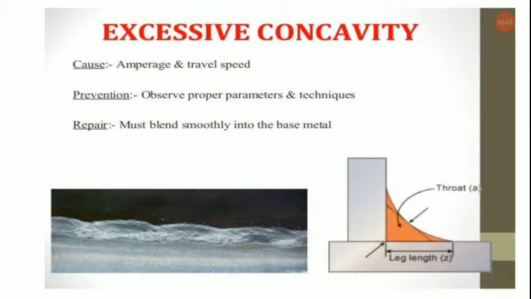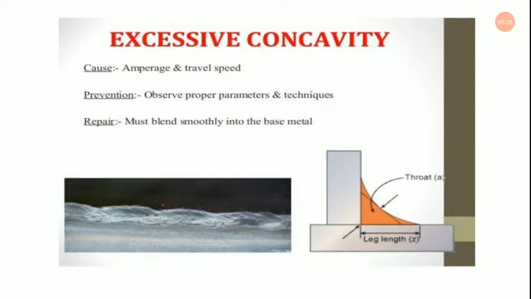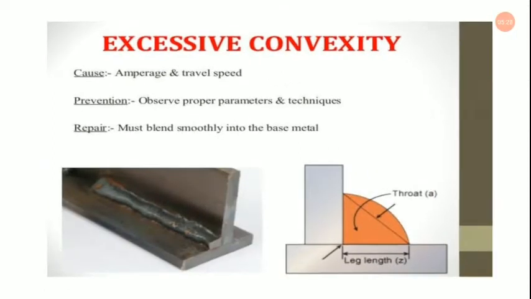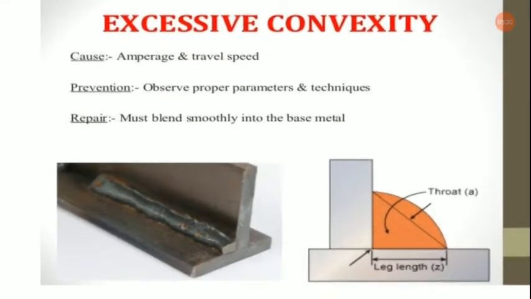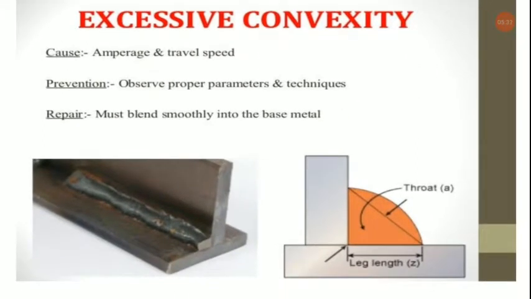So next we proceed to excessive convexity. Now look at the diagram. This looks exactly like excessive convexity. It is caused by amperage and travel speed. This is the throat.